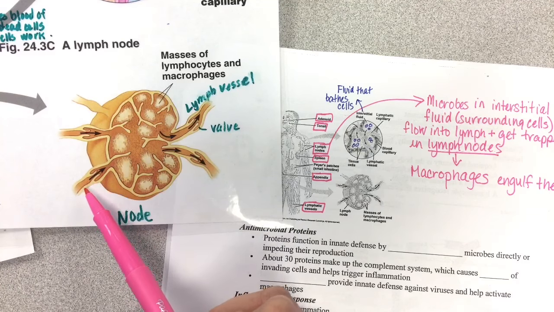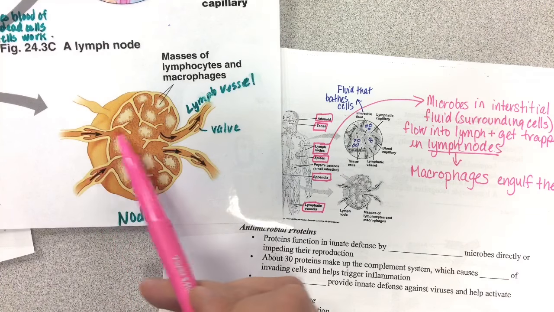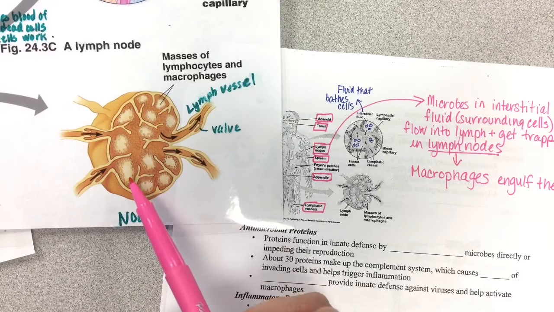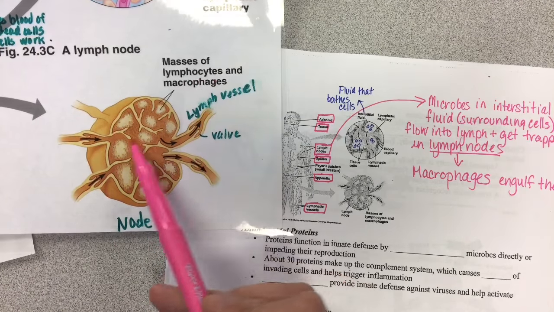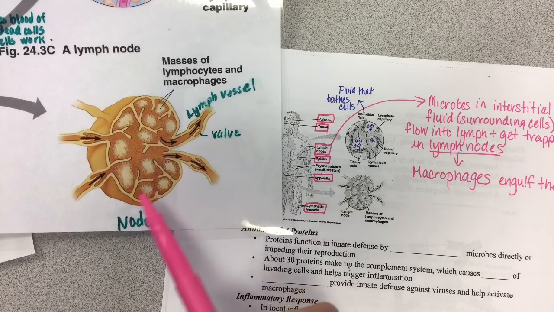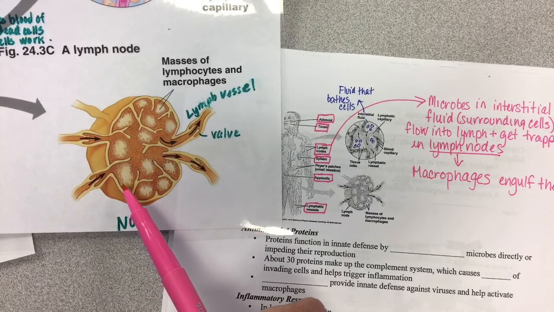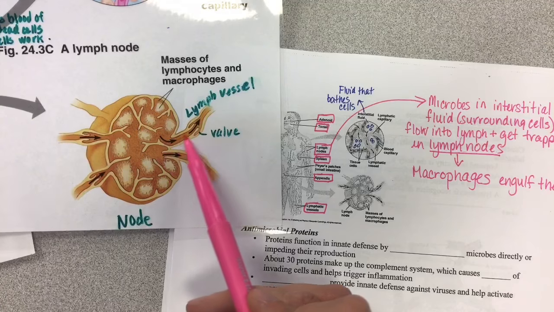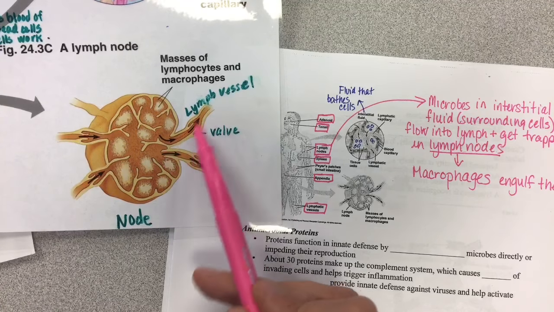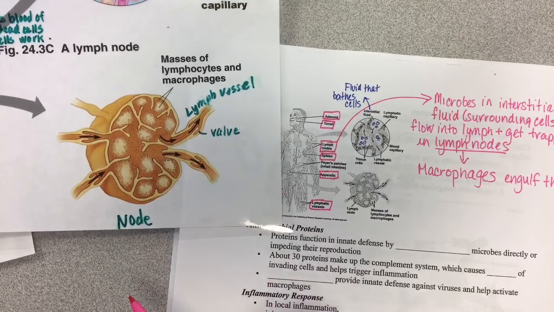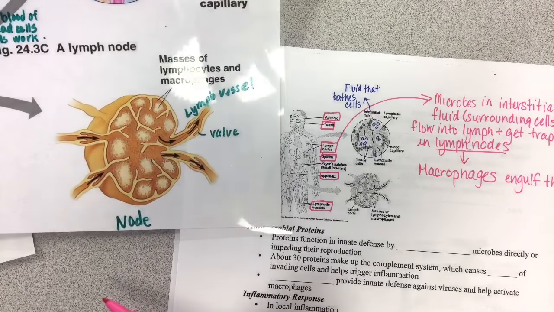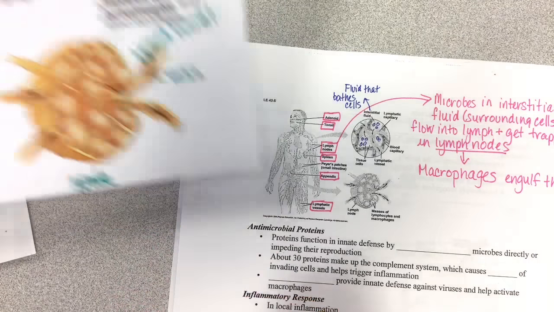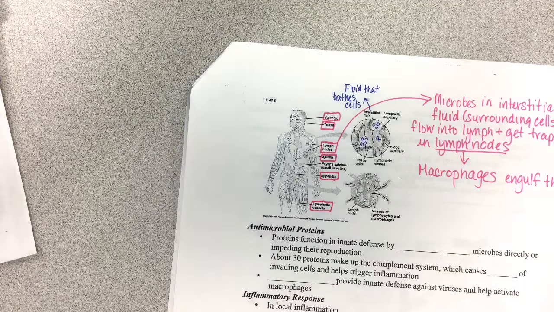And so it flows in this direction, and the macrophages, and there are also cells called lymphocytes, will digest and try to get rid of those microbes, and then the lymph continues to flow through these one-way doors. That's what happens with your lymph nodes when you're ill, and that's why the doctor feels them.